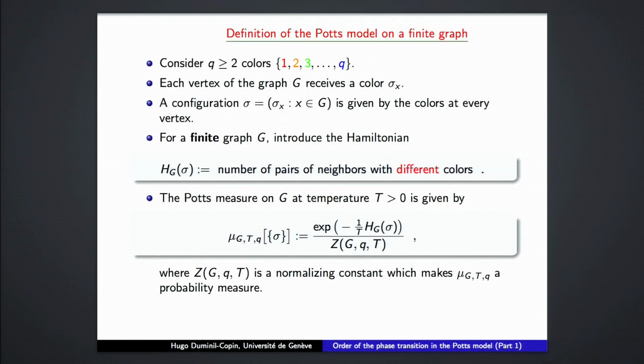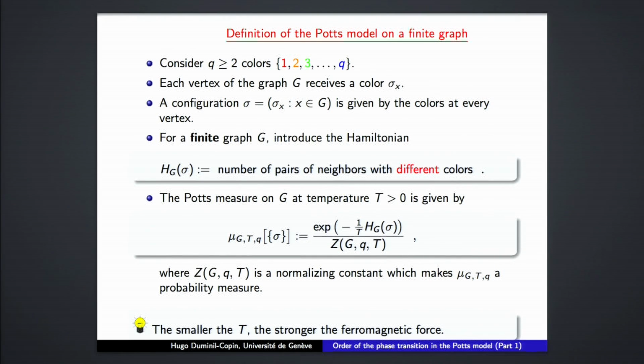Notice that t here is a parameter. It's just a positive number. And it tells you a little bit how much you care about this ferromagnetic force. In particular, you see, if you take t equals 0, this 1 over t becomes infinity, so minus 1 over t becomes minus infinity. So this is going to become just the uniform measure on configurations with minimal number of disagreements, smallest energy.